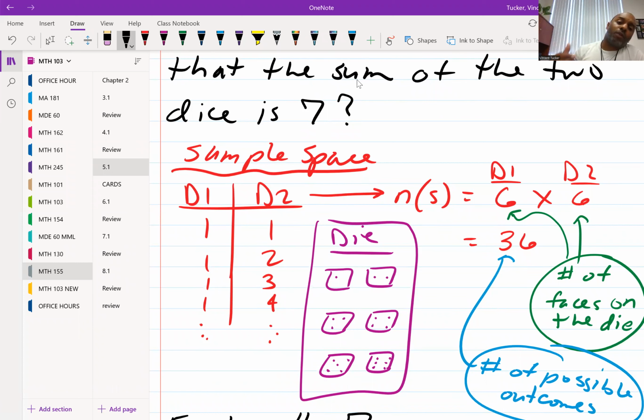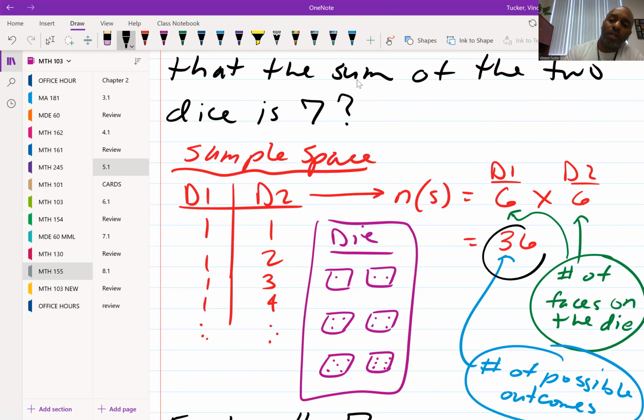So instead of going through all that, trying to list out all of our numbers, we use the fundamental counting principle, which is over here. It says that if I'm only picking 1 out of each category, 1 face for die 1 and 1 face for die 2, I count the number of options I have and then multiply them together. So I have 6 options for die 1 and 6 options for die 2.